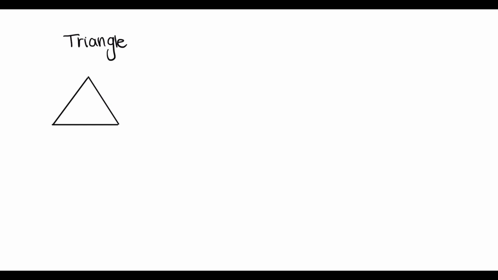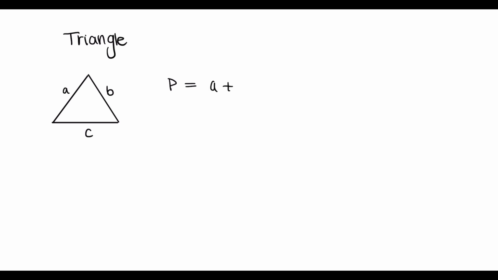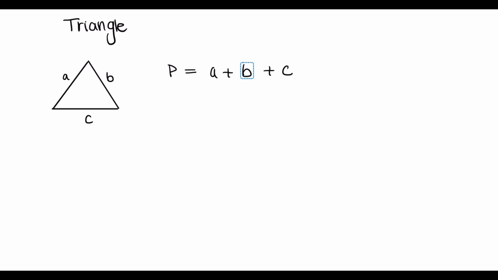So, finding the perimeter of a triangle is as simple as finding the perimeter of a square or a rectangle. All we're doing is adding each of the sides together. So let's say we have side A, side B, and side C. The perimeter of a triangle is equal to A plus B plus C, no matter what the look of the triangle is.